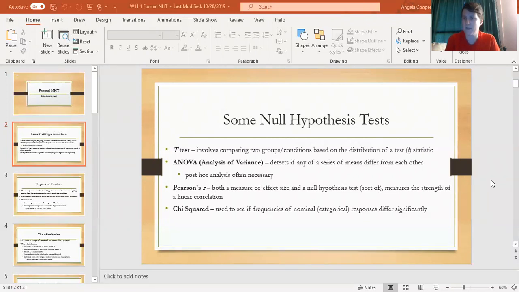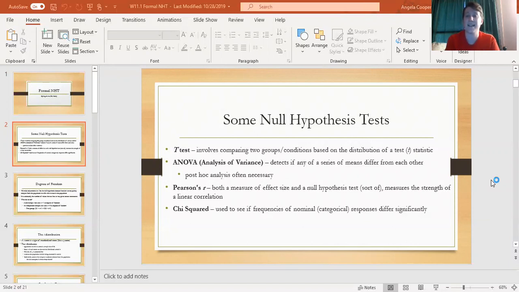So there are different types of t-tests. We have one sample t-tests, independent sample t-tests, and dependent samples t-tests. But ultimately, the theme for t-tests is that we're comparing one group to another. And we'll get more into detail as to differentiating those as we go on.